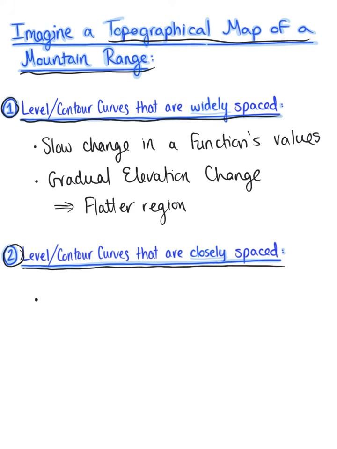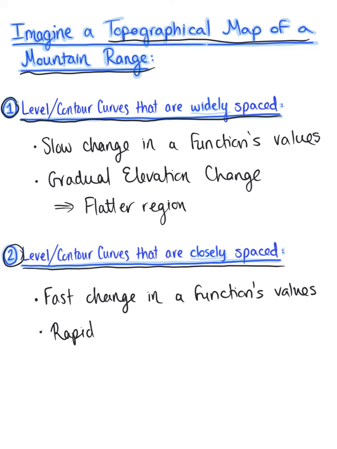So tight contour curves or closely spaced contour curves indicate fast change in a function's value. Or if we're thinking about a mountain range, this is indicating rapid elevation change.